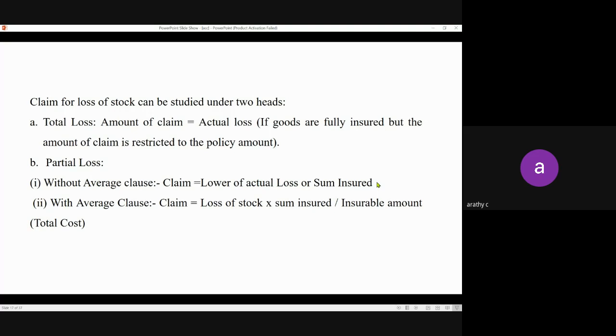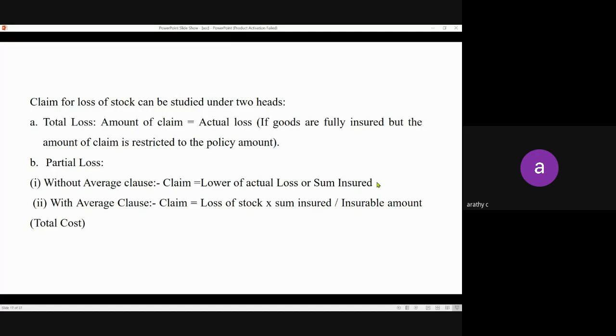In the case of total loss, the amount of claim is the actual loss, if goods are fully insured, but the amount of claim is restricted to the policy amount. For example, if a company takes full insurance of goods and the actual loss is 5 lakh, then you will get the actual loss amount in the case of total loss.